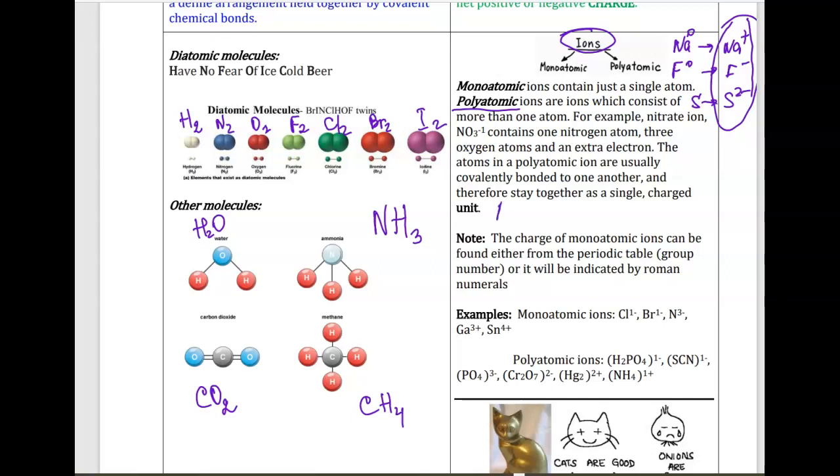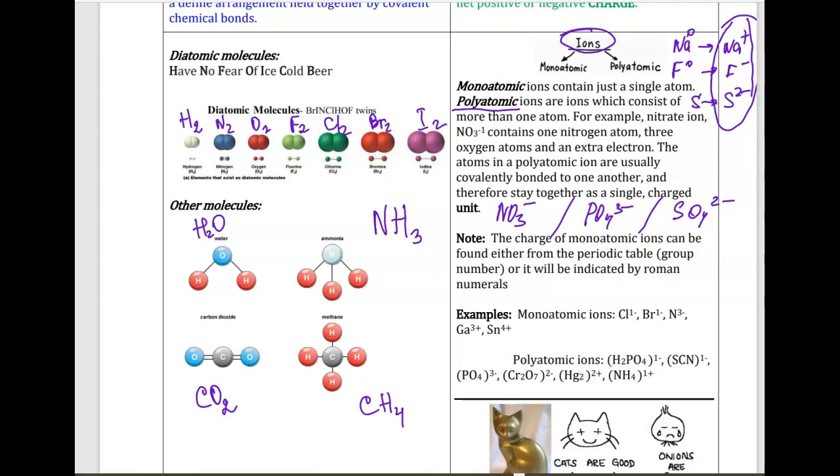So polyatomic ions, let me give you some examples. It can be like NO3 negative, or PO4 3 negative, or SO4 2 negative. So polyatomic means that they're built out of more than one atom. For example, NO3 negative is built out of one nitrogen and 3 oxygen, and all these 3 atoms have one more electron. Okay, that's why it's negative.